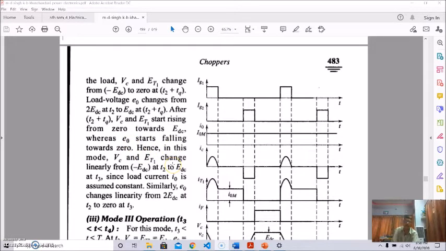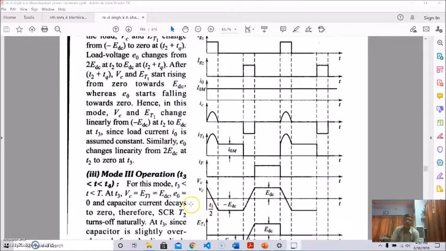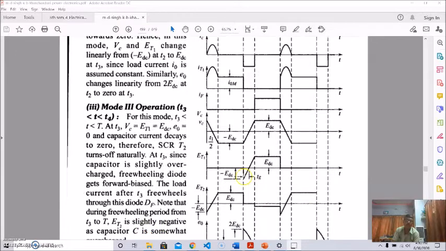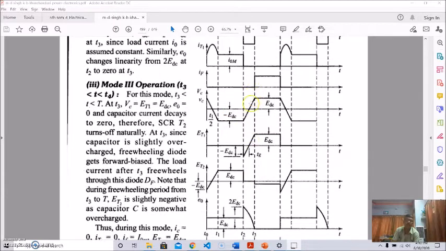Hence, in this mode, Vc and Et1 change linearly from minus EDC at T2 to EDC at T3, and since load current I0 is assumed constant, similarly E0 changes linearly from 2 EDC at T2 to 0 at T3. That is shown in this waveform, in mode 2.